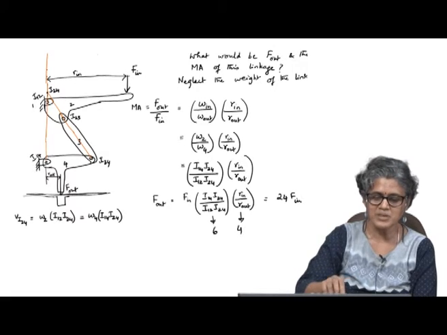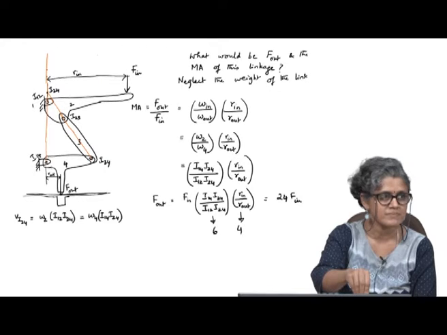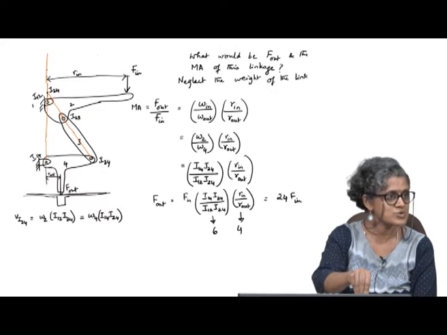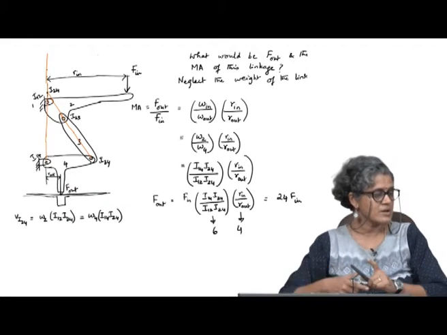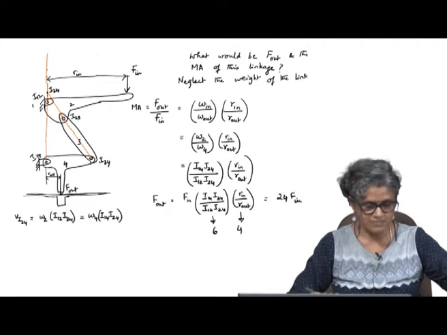In some other position, where I24 may be here, your mechanical advantage would not be high.